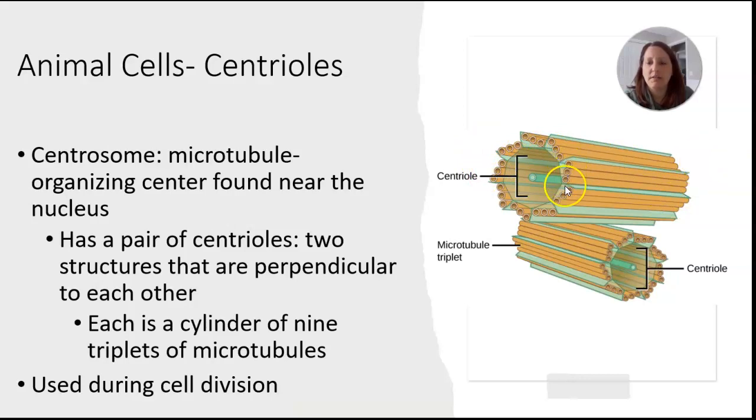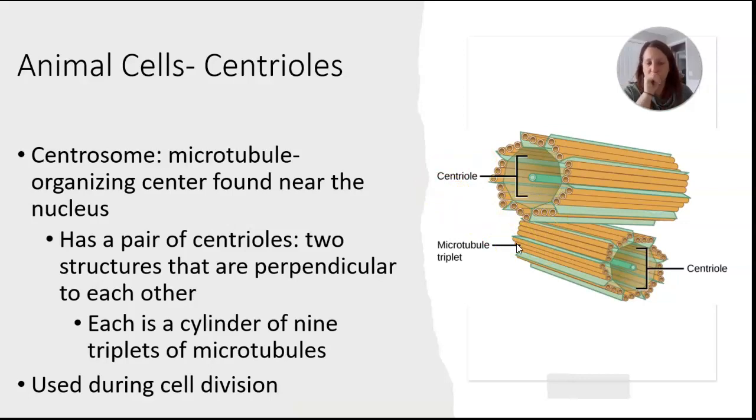There are these triplets of microtubules all around a single microtubule here in the center. Each centrosome is going to have a pair of centrioles, and the centrioles arrange themselves perpendicular to each other. So it's kind of neat. Okay, and again, if we were to count up these triplets, there would be 9 of them. So each centriole, each cylinder, is going to have that same arrangement.